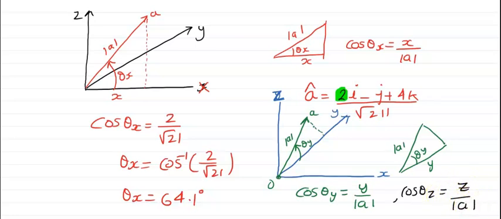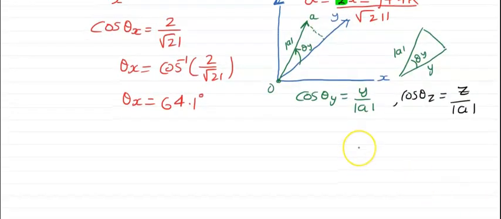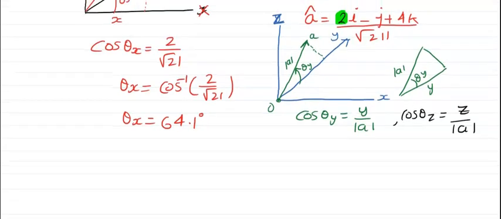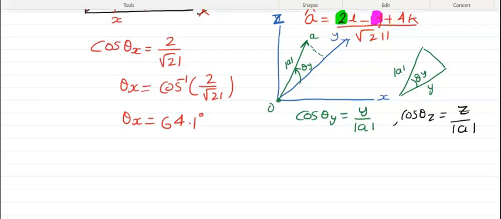Okay, nice and easy. Now, our x component was 2, with j it is minus 1, and with k it is 4.